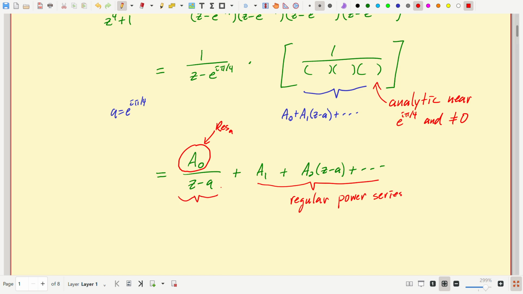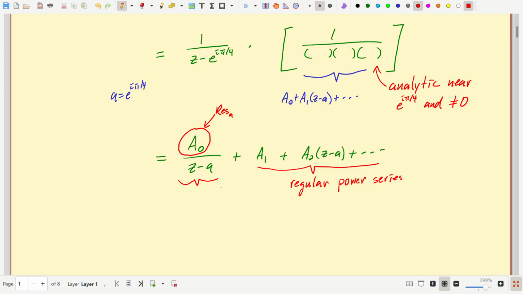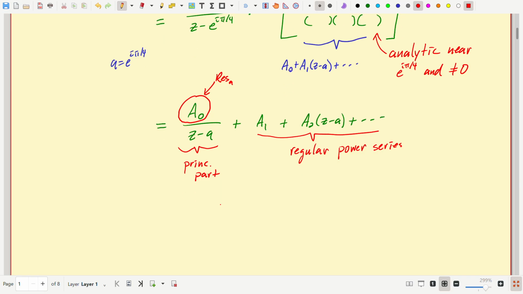At a pole like this, it's the part that demonstrates that it has a pole: the principal part, the finitely many negative terms. Anyway, that residue you can calculate, and that's the way the book did it.